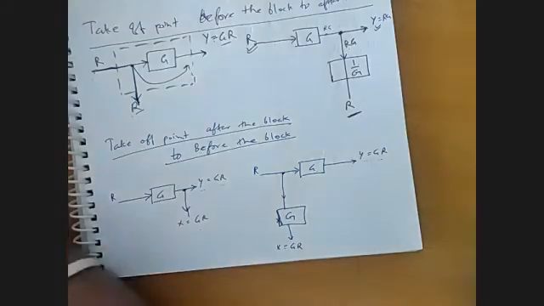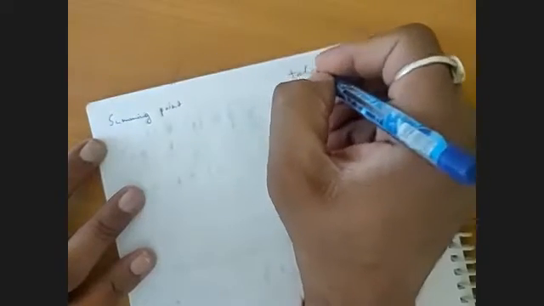So whenever we shift, we have 2 points, summing point and takeoff point.